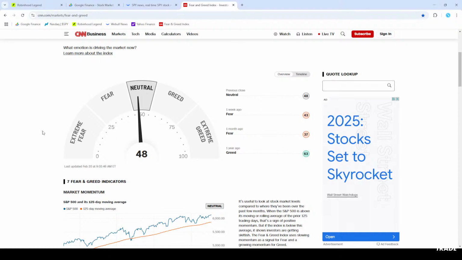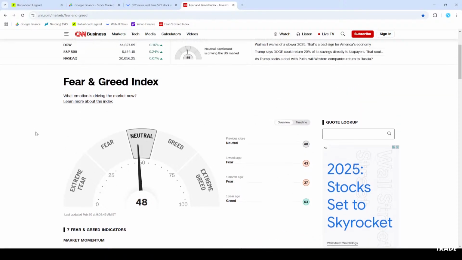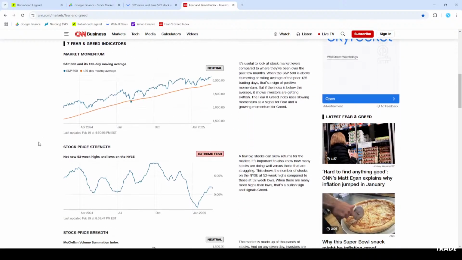This gives us an idea of what the investor sentiment is in the market, and how this works is they take a bunch of different variables, things like the volume of option contracts, all the different things that play into it.